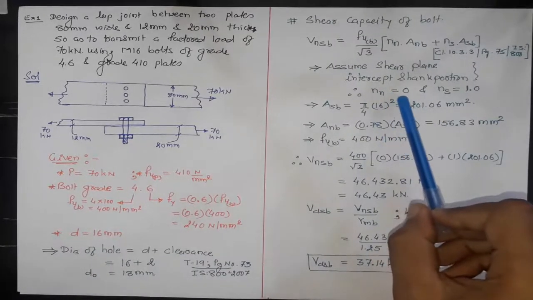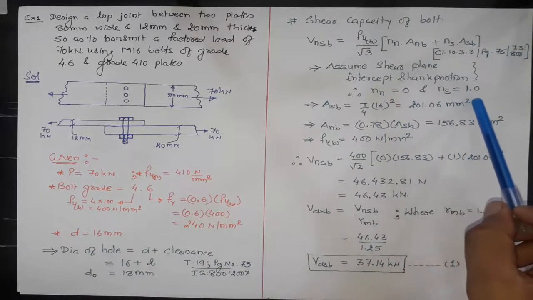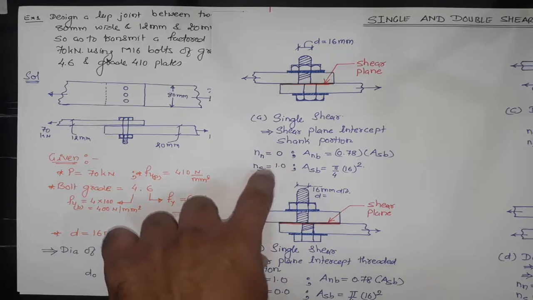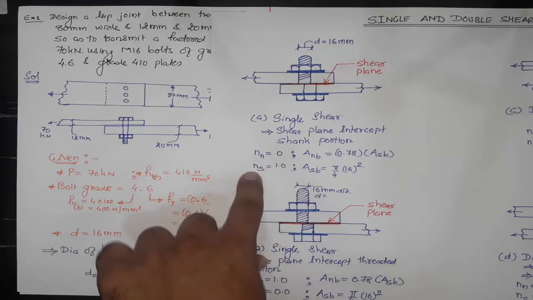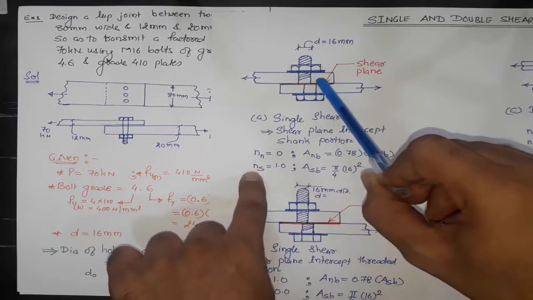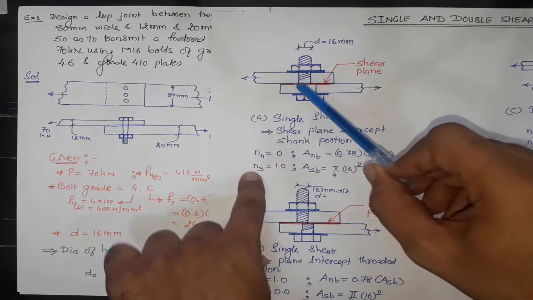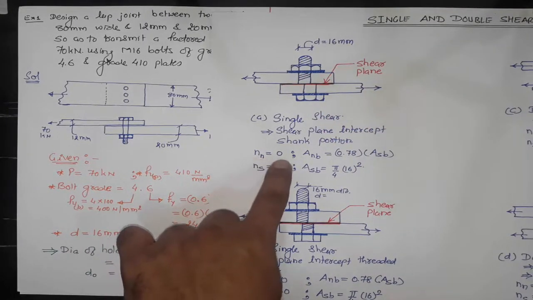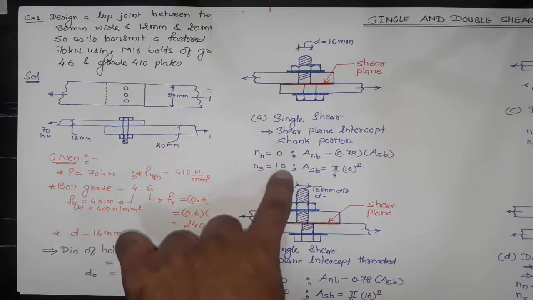Therefore NN will be 0 and NS will be 1.0, as we have seen here. NS is the number of shear planes passing through the shank. This is the shear plane passing through the shank area, where we are having no shear plane passing through the thread portion. Therefore NN will be 0 and NS will be 1.0.